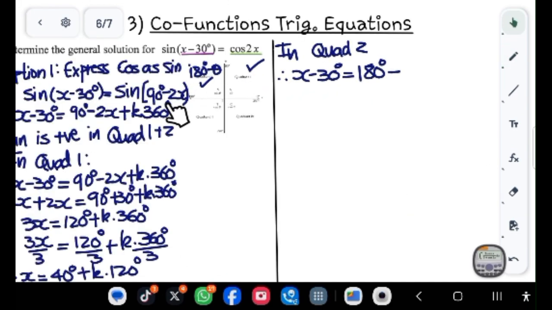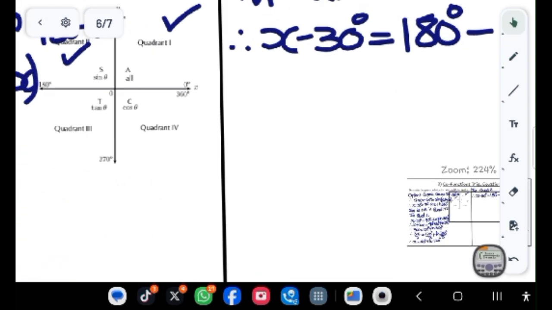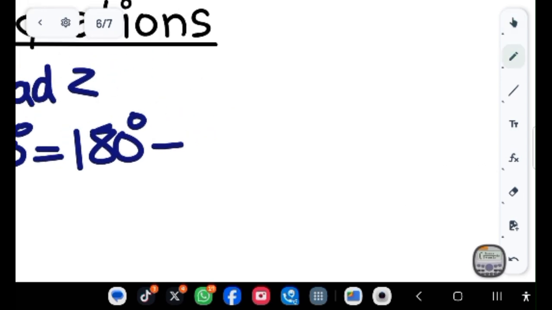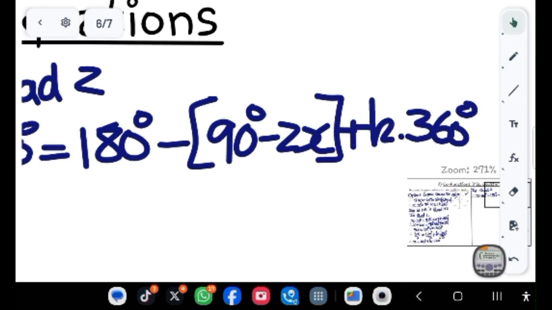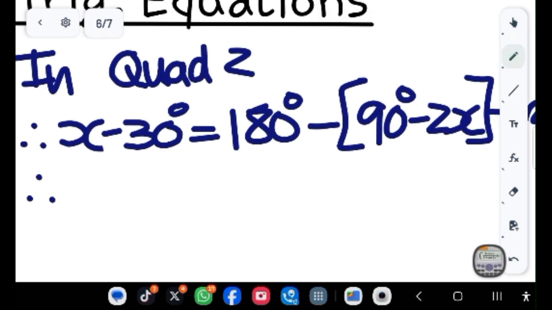So that was minus 90 minus 2x plus k times 360 degrees. Expand, add like terms.